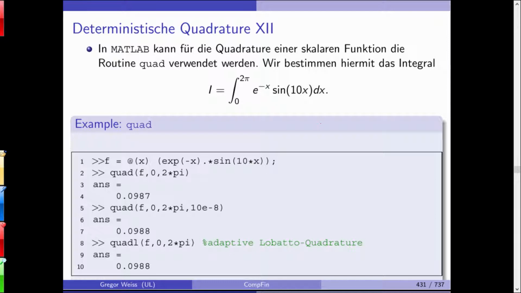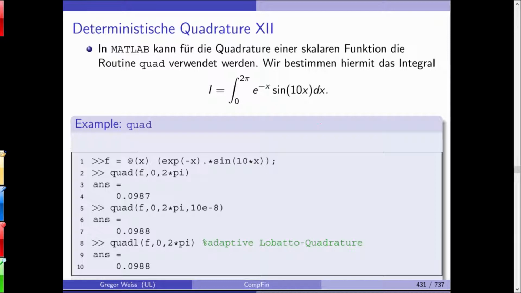But in fact, here we can see that there are two types, quad and quadl. Quadl uses an adaptive Lobatto quadrature. You don't need to remember this. It's just an alternative. And it's quite clear that the functions that are used here are tuned and optimized, even in comparison to the Gauss-Hermite or Gauss-Legendre quadrature.